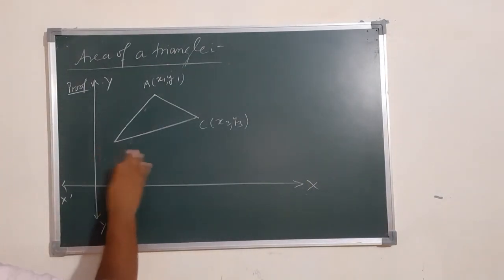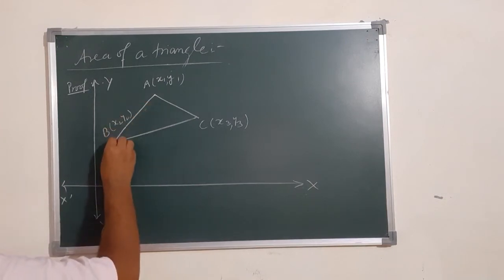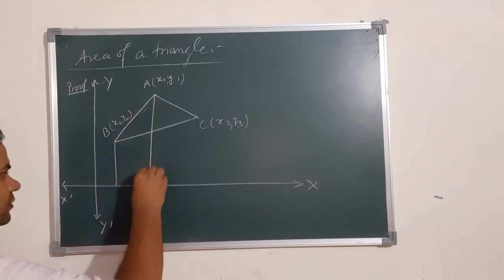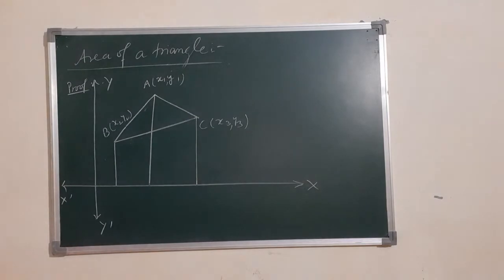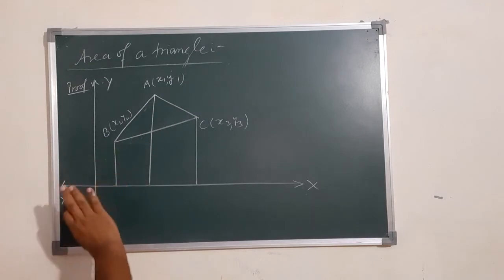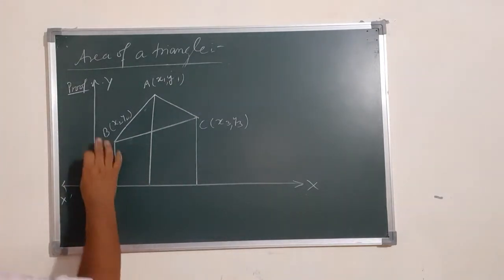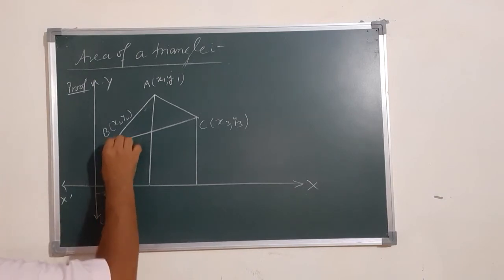Here B is (x2, y2). So these are the perpendiculars. Then you write each and every point here, like this is the x2 and this is the y2.